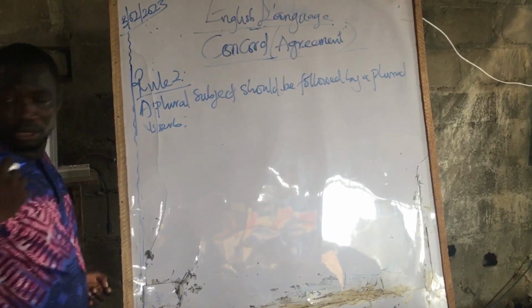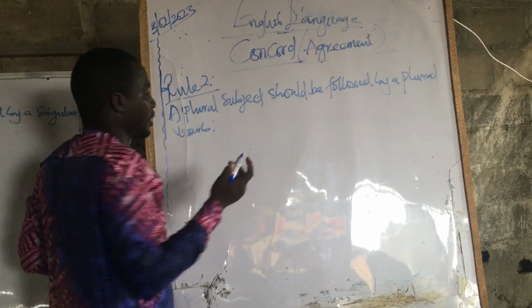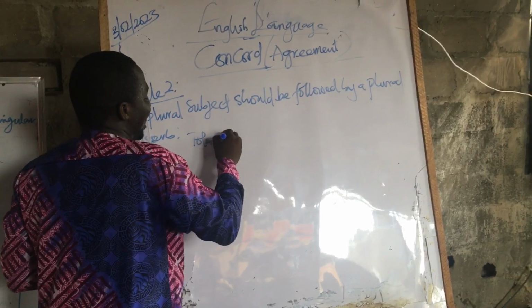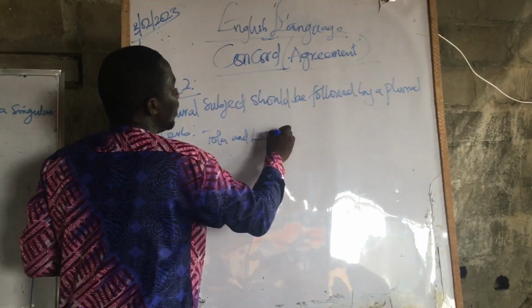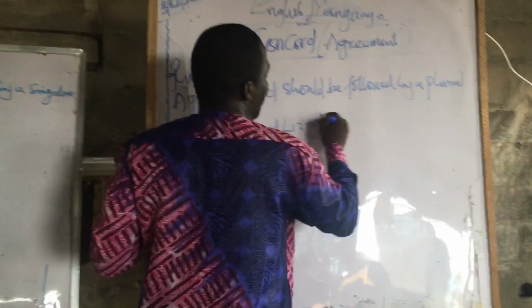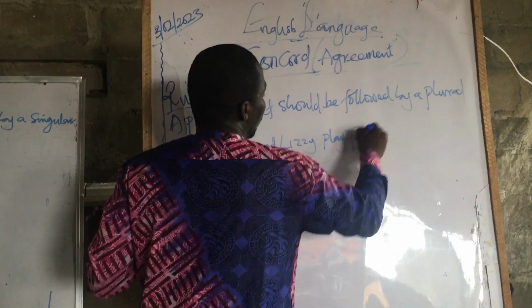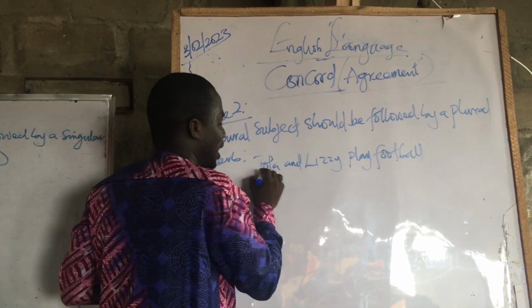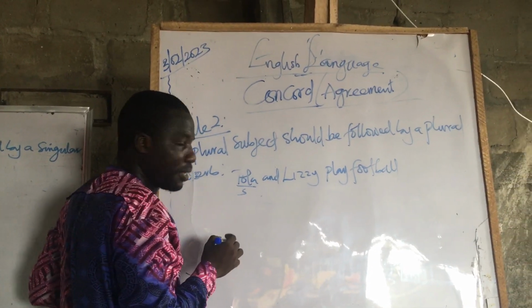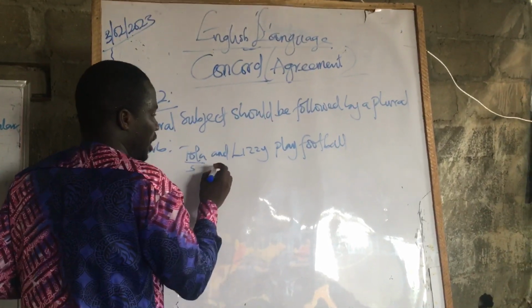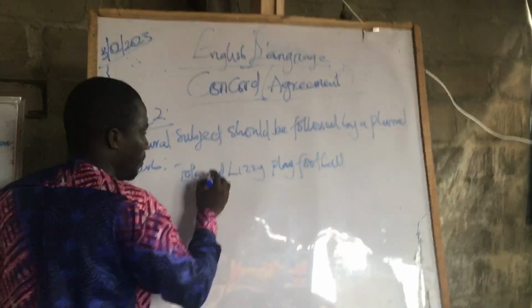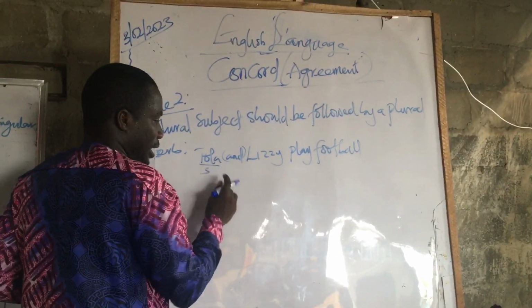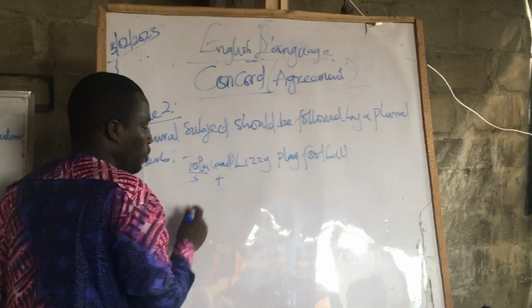So as rightly mentioned in rule 1, our examples will be: Tola and Lizzie play football. In this example, we have Tola, that's subject 1. Then this subject is being linked by a coordinating conjunction, and, which mathematically is represented with the sign plus.